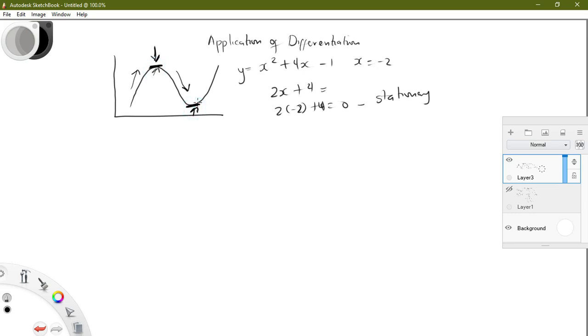For you to be able to tell further, you have to differentiate a second time. Now by the time you do the second derivative, if it is greater than 0, then it is a minimum at that point. If it is less than 0, then it is a maximum at that point.